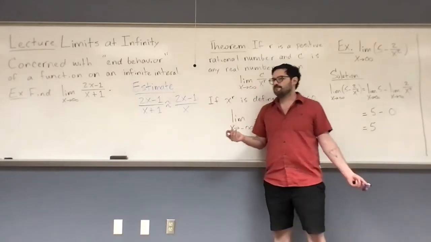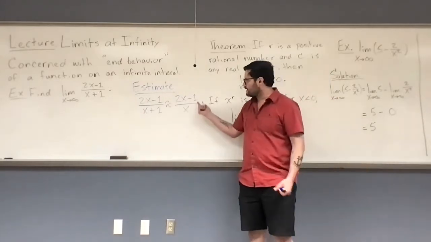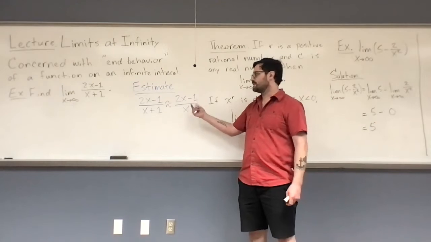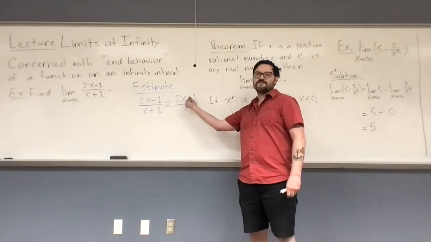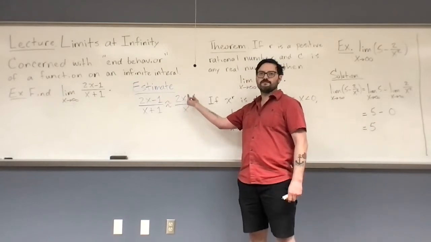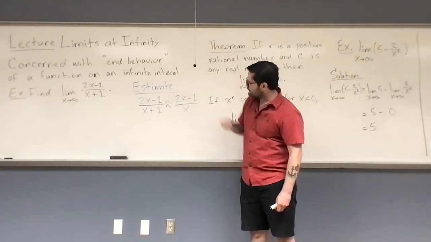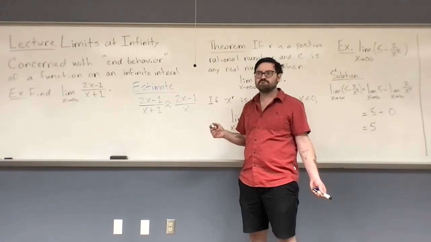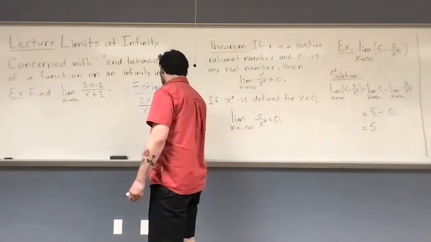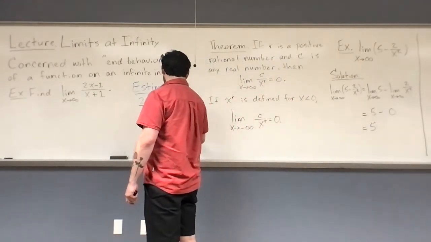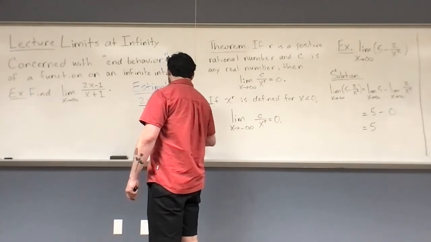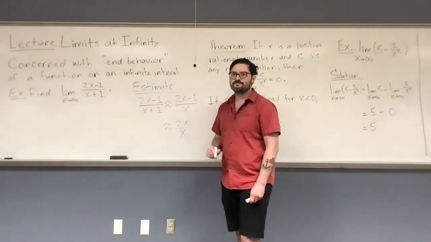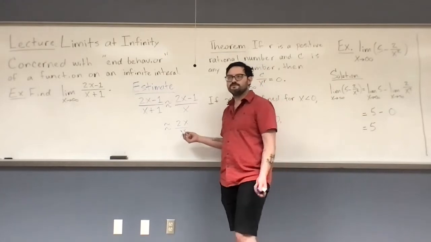But then the same thing applies for the numerator, right? These are tied together because they're being divided by this. So when x is a billion again, does that minus 1 really matter? No. But what's that? This is just 2.